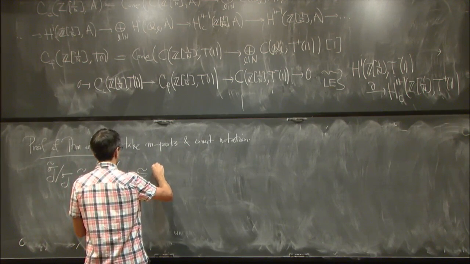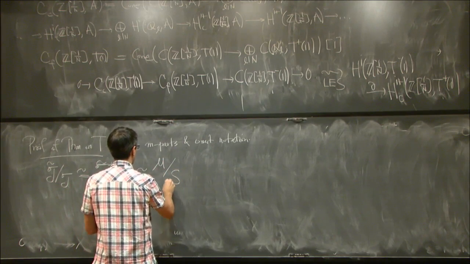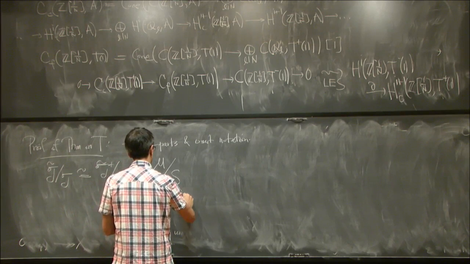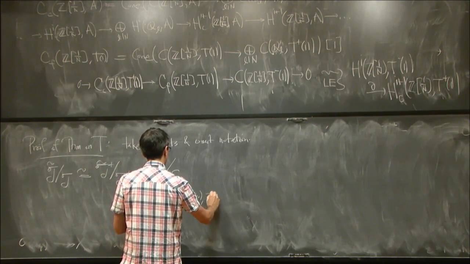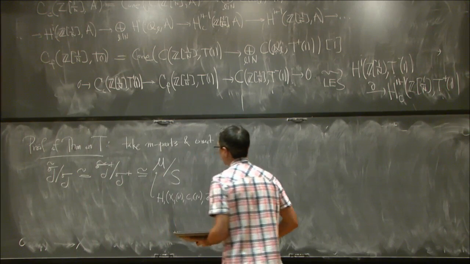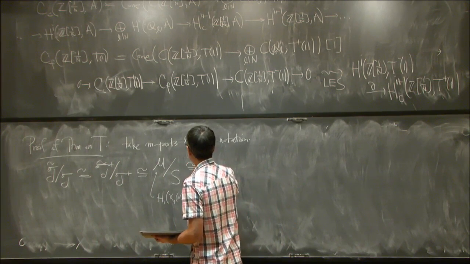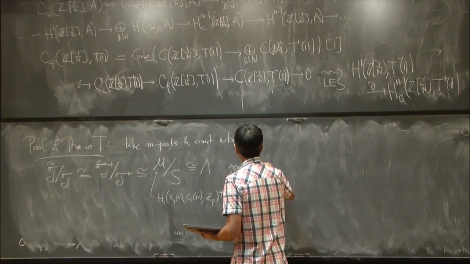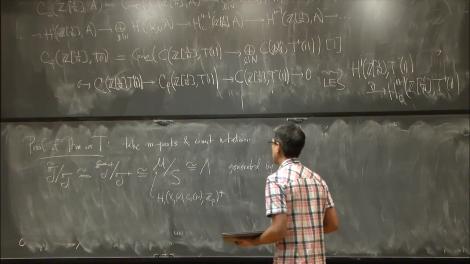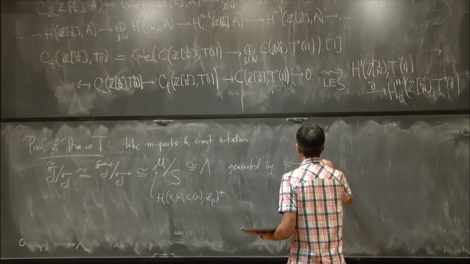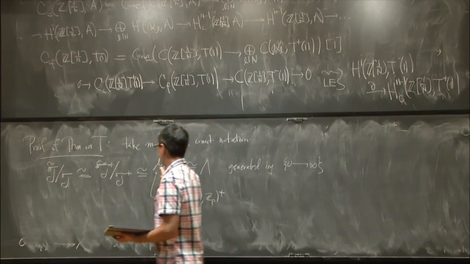And this is the modular symbols, so this is a homology relative to the cusps, mod S. And this thing is isomorphic to lambda, essentially a rank 1 lambda module, generated by the class of the path from 0 to infinity.